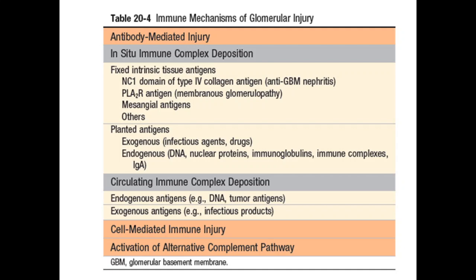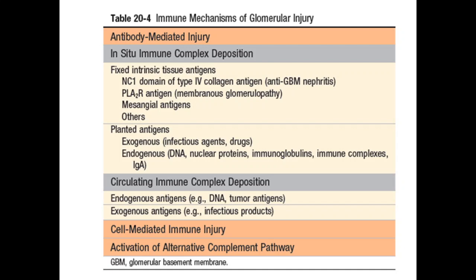Exogenous antigens are always infectious antigens, or for example toxic effects, and of course endogenous factors include nuclear proteins, immunoglobulins and immune complexes, and immunoglobulin A complexes.